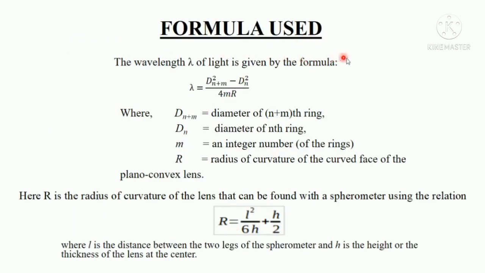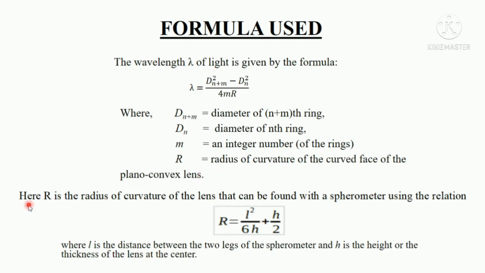The formula for the wavelength of light, after customizing it for our situation, becomes lambda is equal to D(n+m) square minus D(n) square upon 4mR, where D(n+m) is the diameter of the (n+m)th ring, D(n) is the diameter of the nth ring, and m is an integer which can be considered anything like 2, 4, 3, anything.